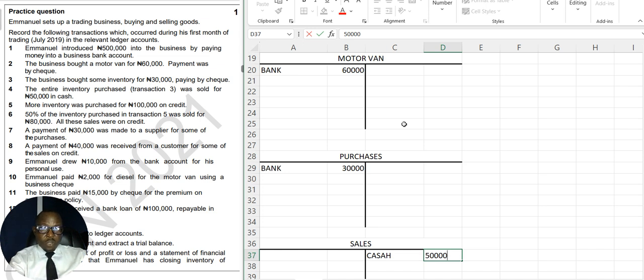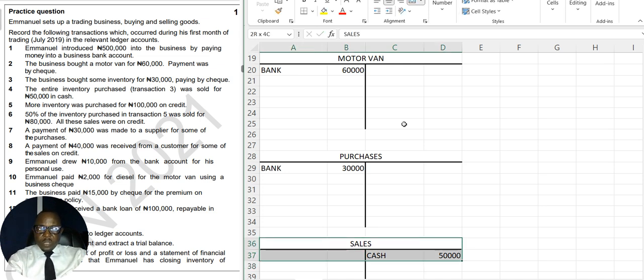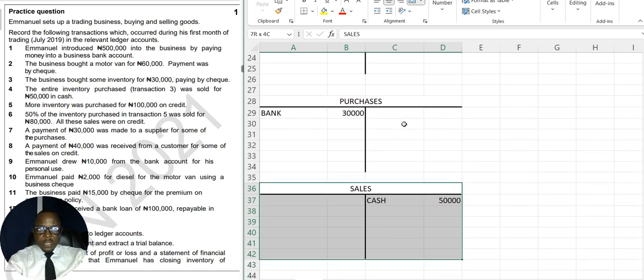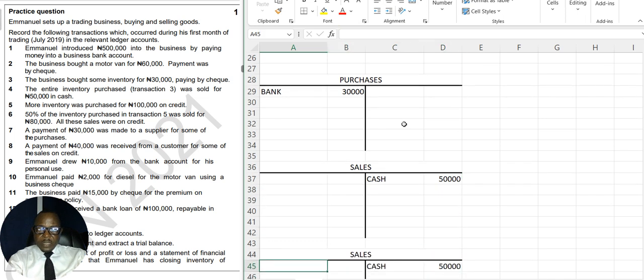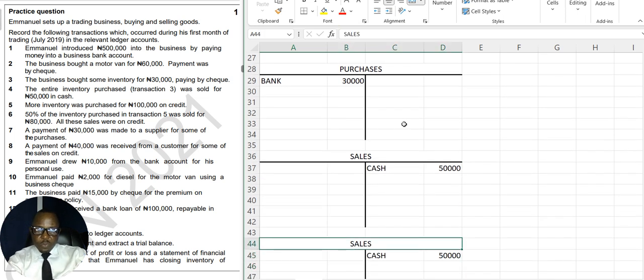That is not your business for now. Let's correct this. All right. Sales. So you create another ledger, which is cash. You have to create a ledger for cash because for every debit entry there must be a corresponding credit entry and vice versa. So you put cash here.